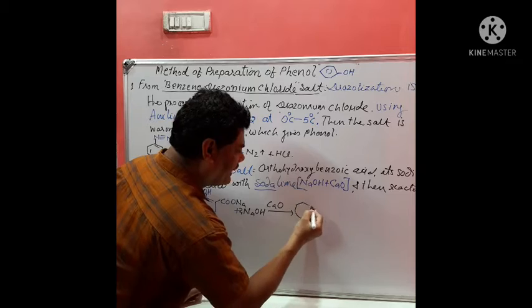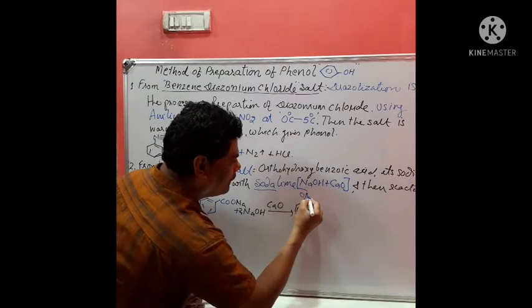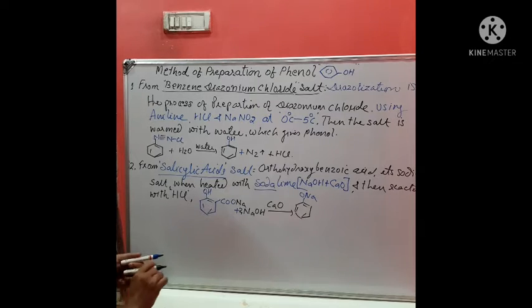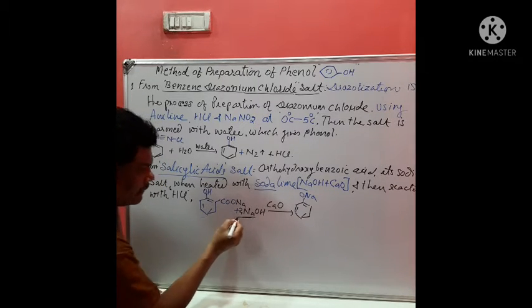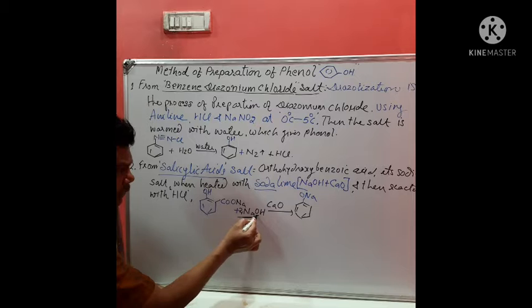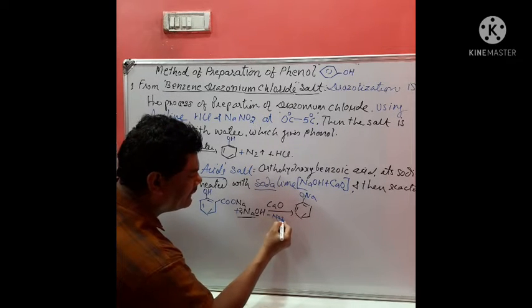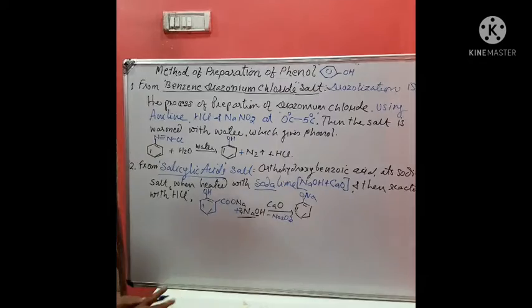The H is released from OH and it forms ONa, and now this Na and Na2 with O become Na2CO3. So this is minus Na2CO3.